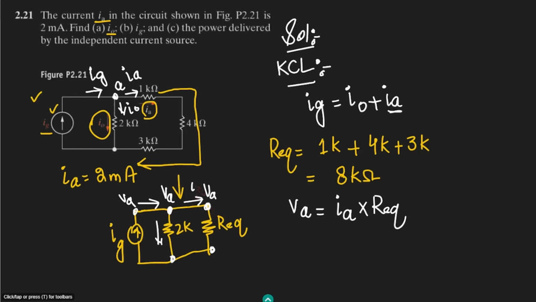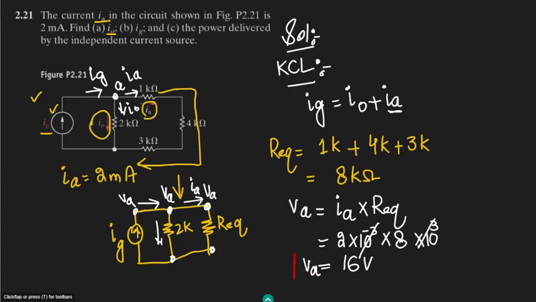The value of IA is given as 2 milliamps, so that is 2 into 10 to the power minus 3, and the equivalent resistance is 8 kilo ohm, so that is 8 into 10 to the power 3. These two powers cancel out, and ultimately we get 16 volts, and that is VA.